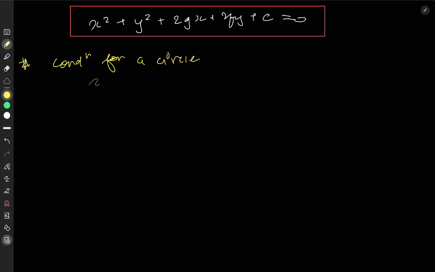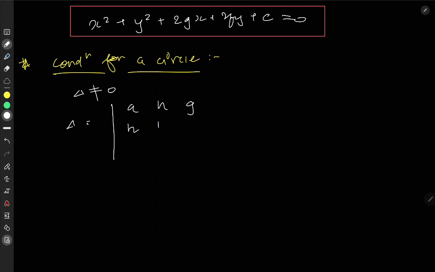We would be seeing the conditions that can be applied mathematically as we see in those equations. So the first essential condition is delta must not be equal to 0, where delta is the determinant of [a, h, g; h, b, f; g, f, c]. We have to learn this delta value, as it would be very much essential.